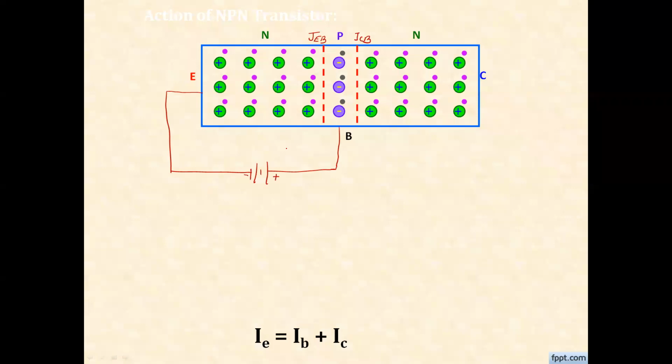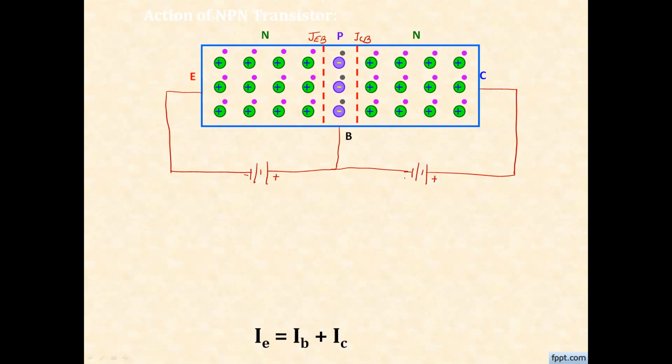To make the transistor operate in the active region, we need to connect the collector to base in reverse bias. In an NPN type of transistor, the N region is the collector region. To connect this collector to base in reverse bias, we need to connect this N region to the positive terminal of a battery and the P region to the negative terminal.